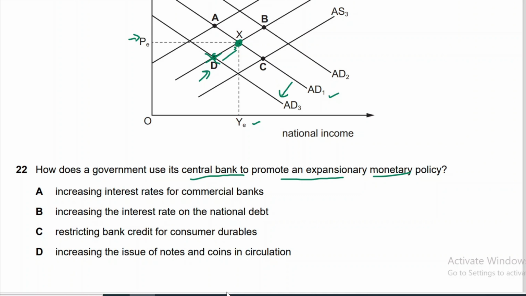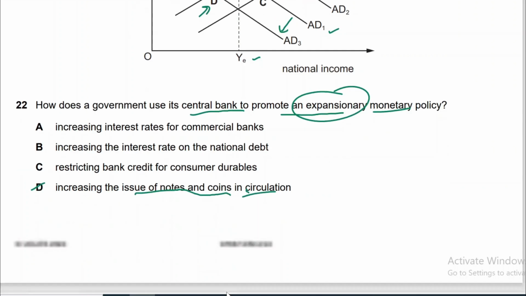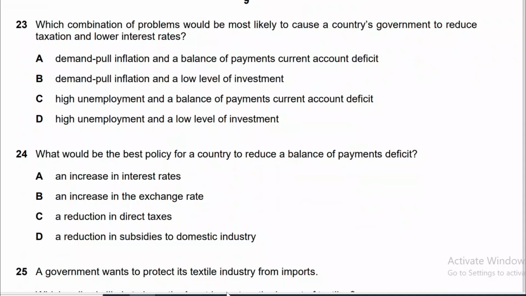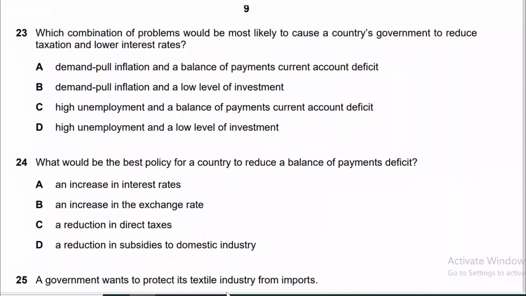So in question 22, D is the correct answer, increasing the issue of notes and coins in circulation. Government is increasing notes and coins in circulation in the country, so it is increasing money supply. When money supply increases, it is expansionary monetary policy.